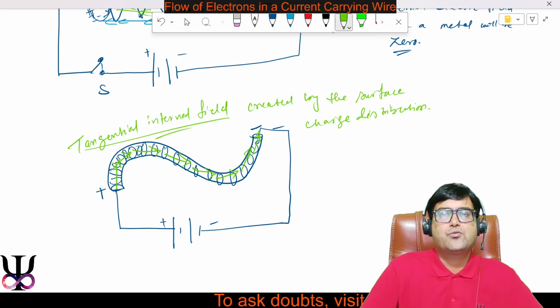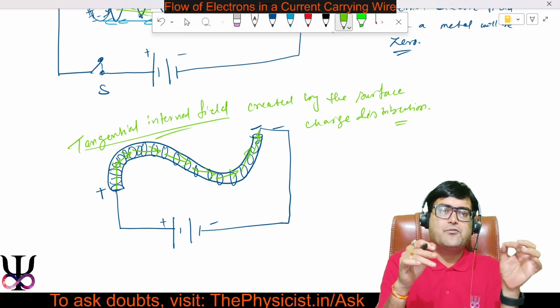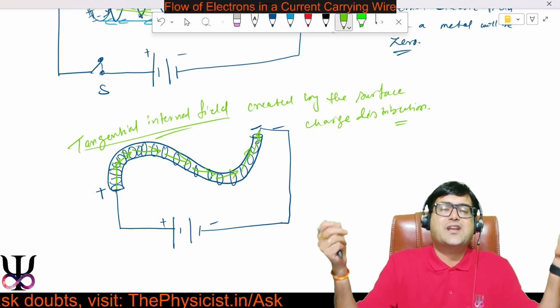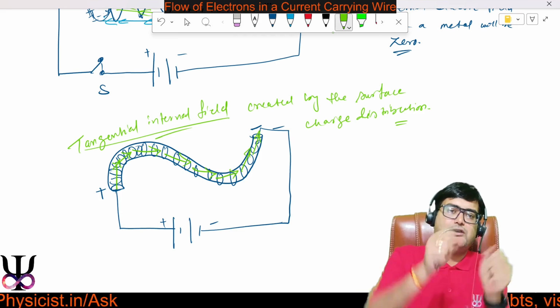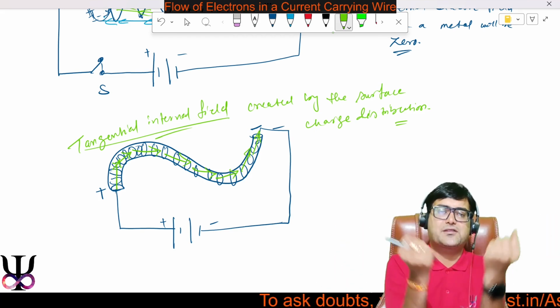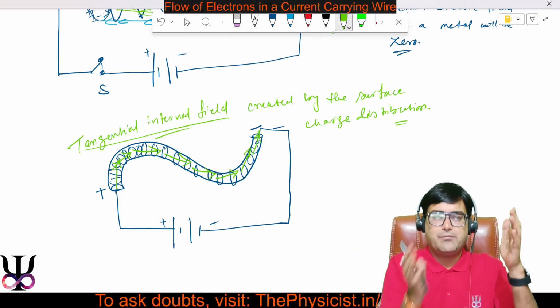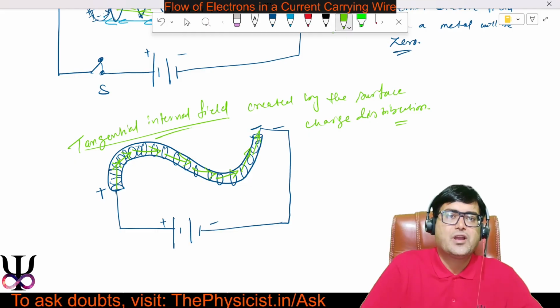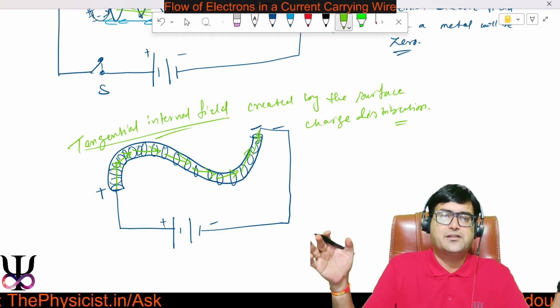That's why, if you disturb a current-carrying wire without making it lose its connections with the source, even if you bend it, deform it, give it a different shape, straighten it, suddenly make it a circle, or make it a helix, or bend it into an S shape, there is no difference. It doesn't make any difference to the current that flows in it.